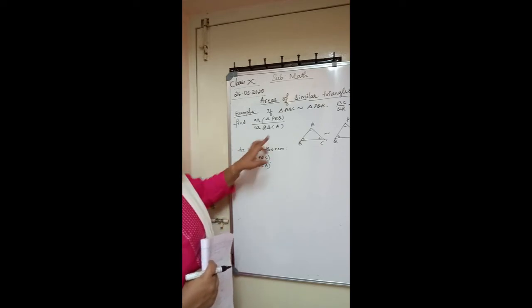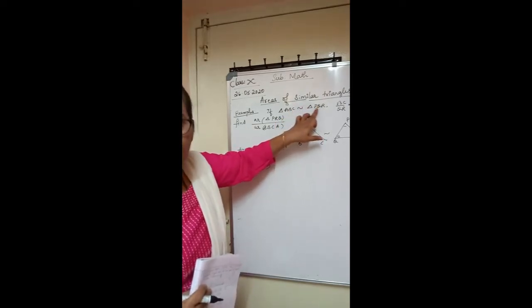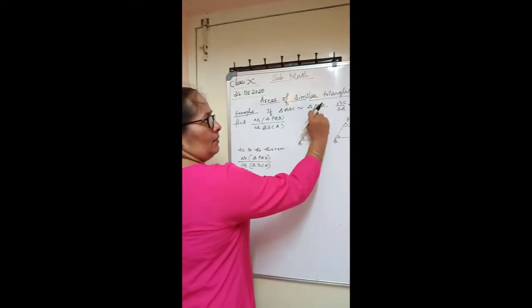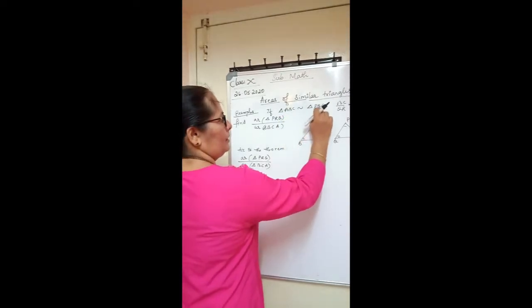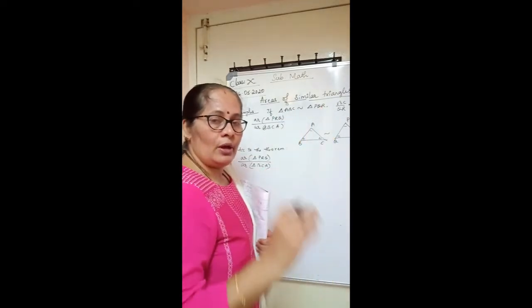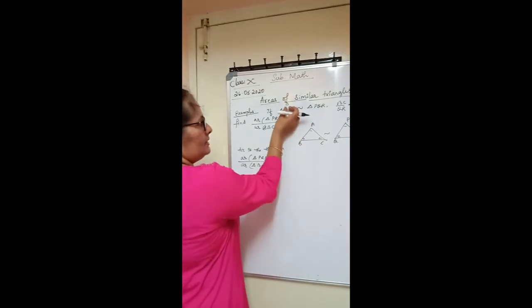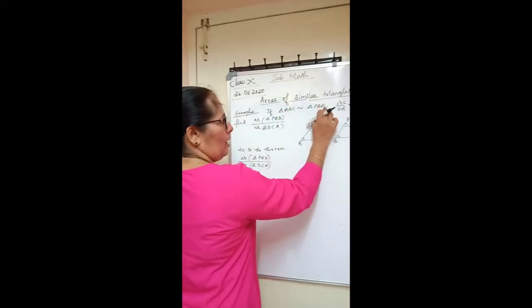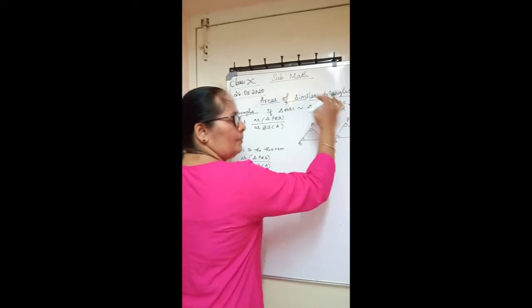Only while showing the similarity, you have to follow the condition clearly, that first angle A equals P, then B equals Q, C equals R. While writing the proportionalities, you have to follow the same order, that is AB proportional to PQ, BC proportional to QR, and AC proportional to PR.